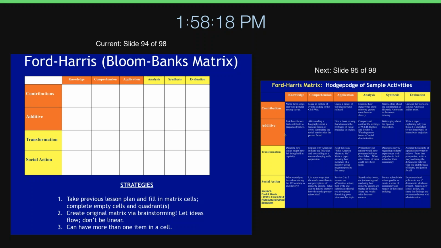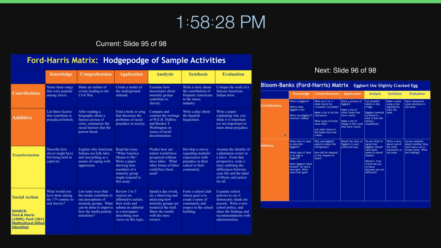Looking at the time, I want to stress and end, and this is on my website, by sharing just a hodgepodge matrix. The items have really nothing to do with each other for the most part, hence hodgepodge. But I'm sharing that so that you can at least have it.